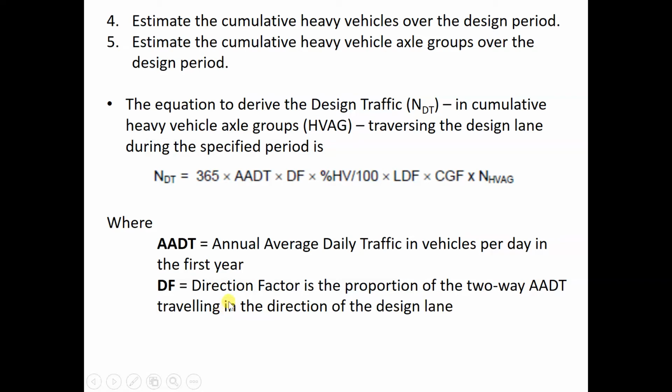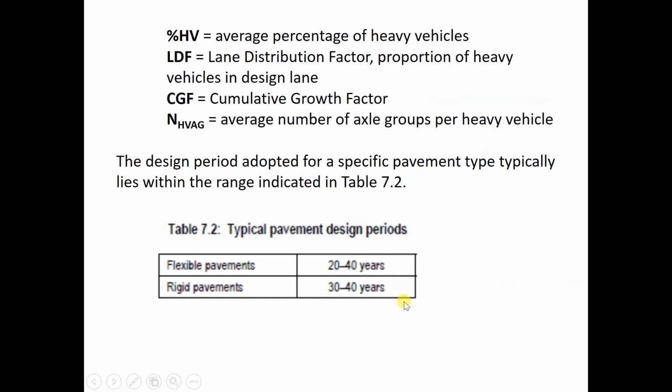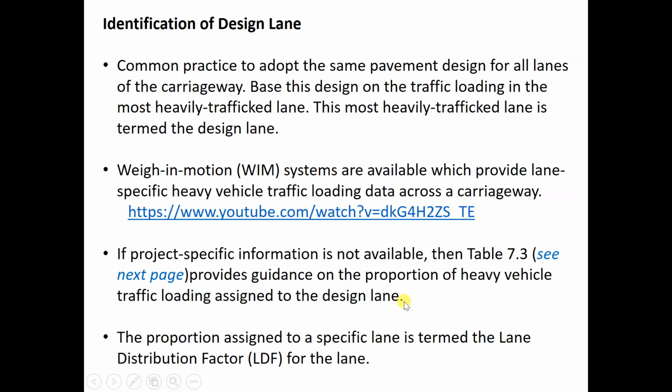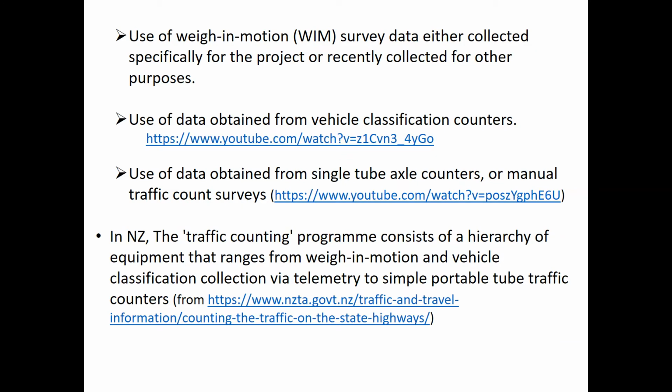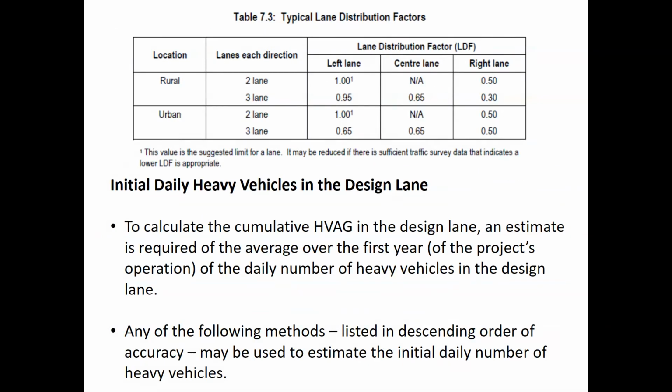DF, direction factor, is the proportion of the two-way ADT traveling in the direction of design lane. So the direction factor, if it's a two-way road, that means 0.5 direction factor.